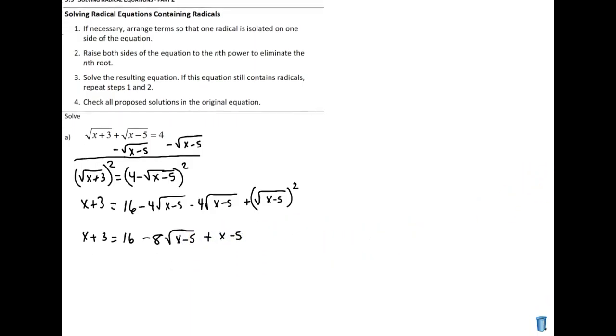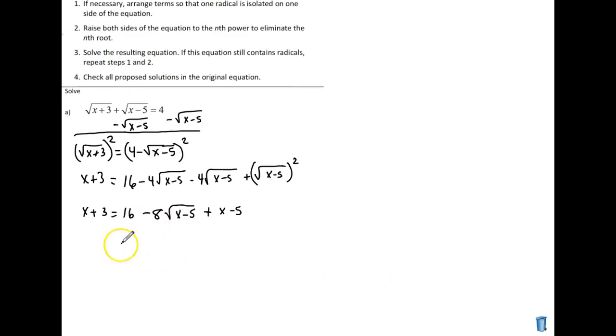Okay. Now I need to move everything again away from my radical. So I have x plus 3 equals, well, 16 and a minus 5 becomes 11. And then I have a plus x, and then a minus 8 square root of x minus 5. So I'm going to move this guy here. Minus 11, and then minus x.